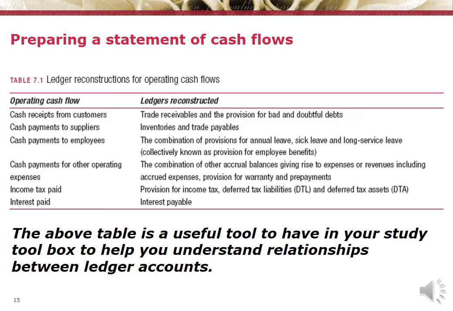And this is really useful because obviously you can take the handbook into the exam with you. So this would be a good page to tab should you need to prepare a cash flow statement in the exam, because it is half the battle trying to remember all these account names.